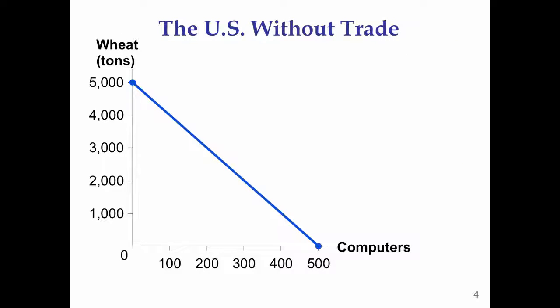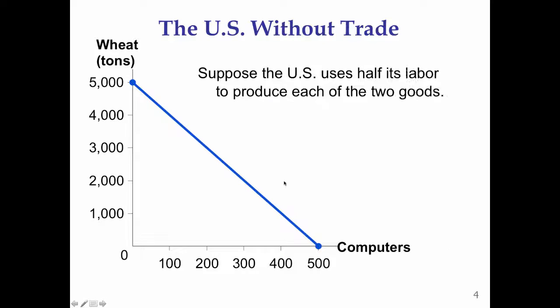So what would the US do if it didn't trade with the UK, if it decided to produce both wheat and computers for itself? Well, we would assume it would try and be efficient. So it's going to try and produce some combination along this PPF. And just to keep it as simple as possible, let's say it splits its resources down the middle.